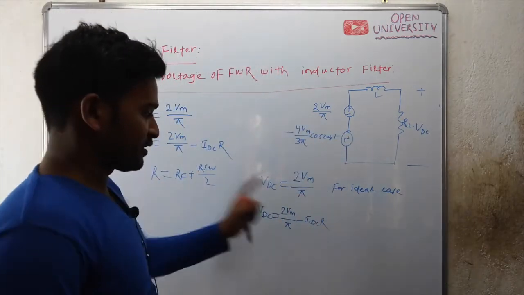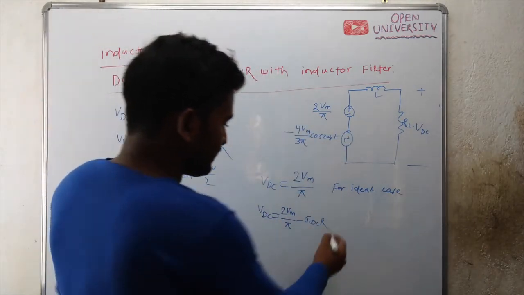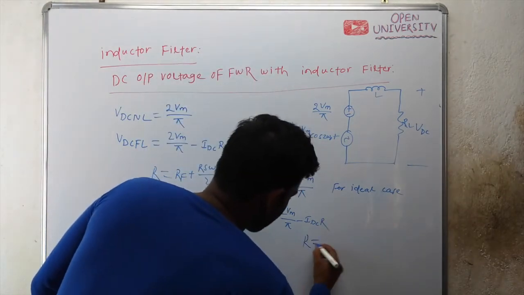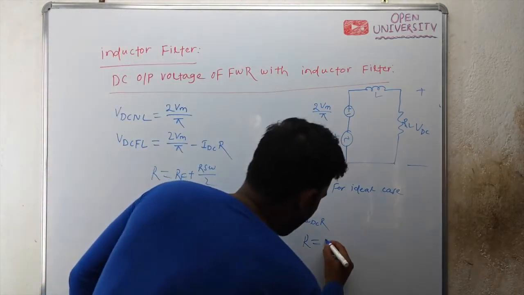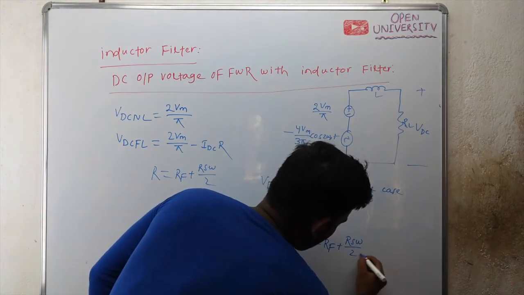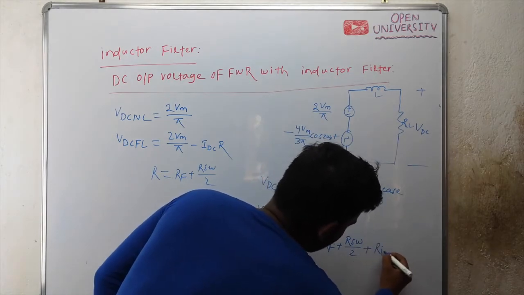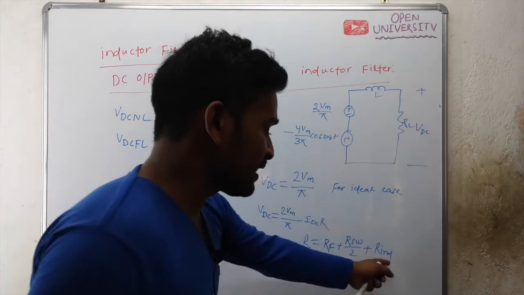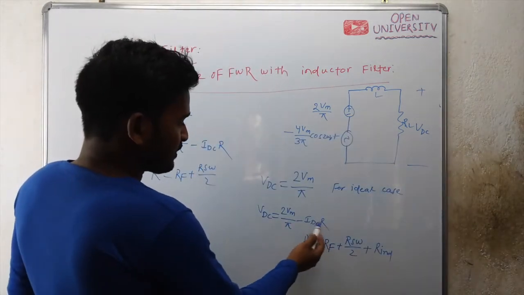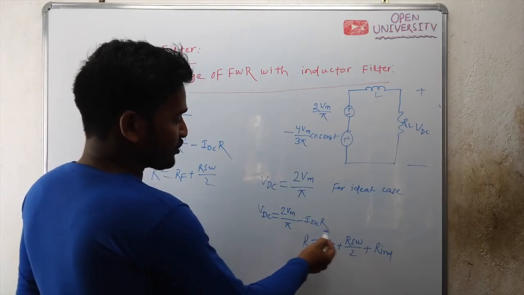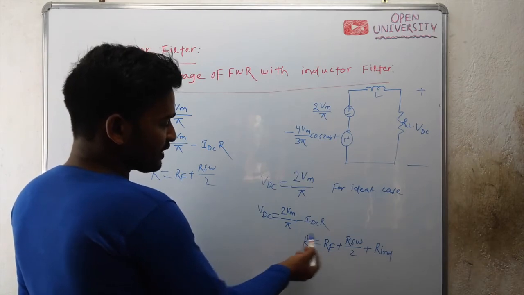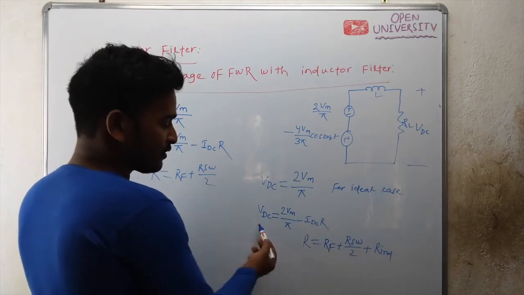Here only one change will be there: what was R here? RF plus RSW by 2 plus R of inductor, the internal resistance of inductor. This part is your internal DC drop. If you subtract the internal DC drop from VDCNL, you will get VDCFL, the DC voltage.